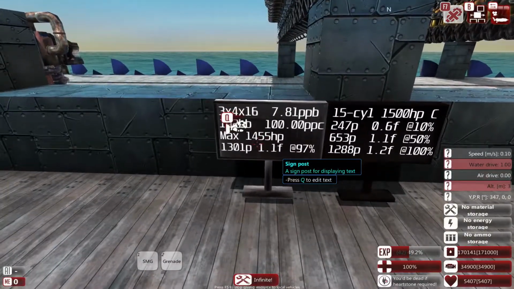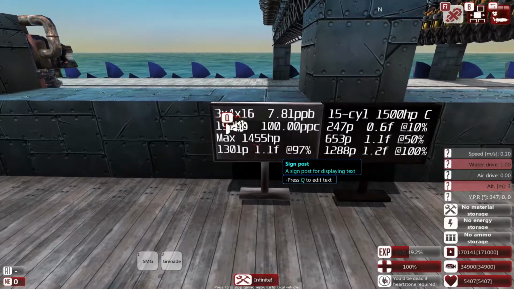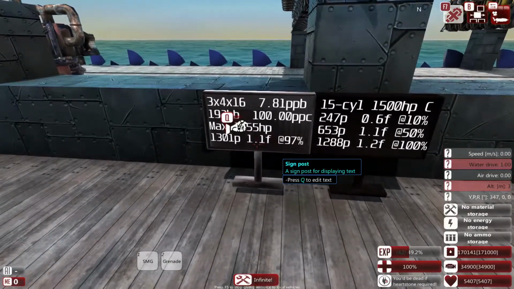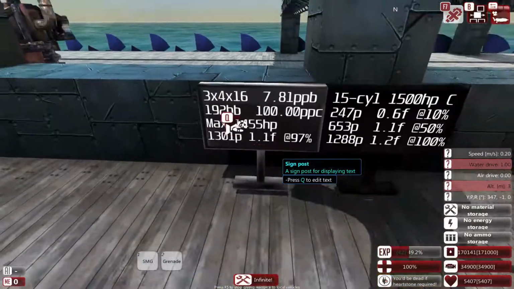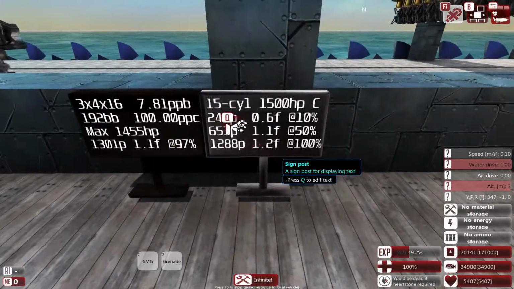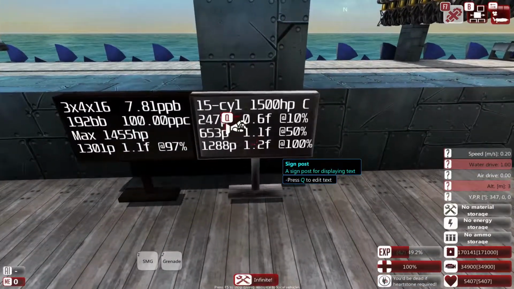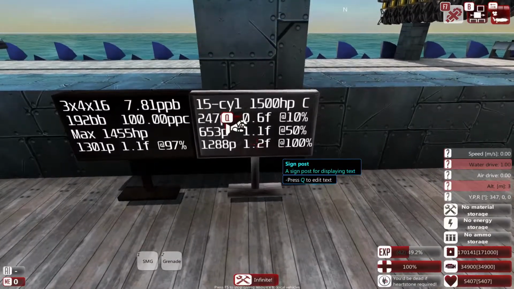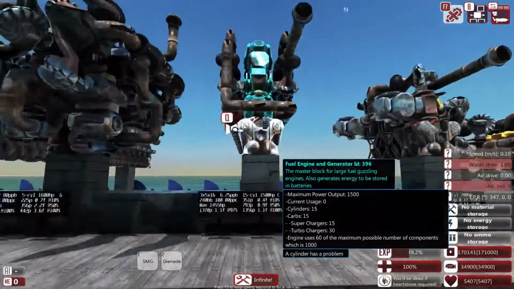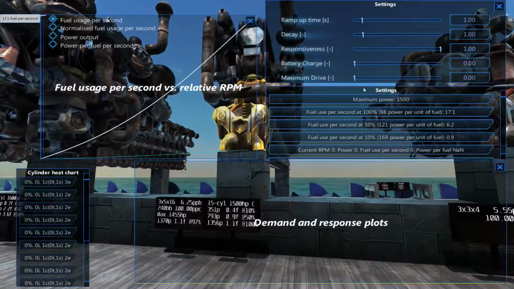But running a motor from maximum efficiency all the way up to where it starts to fall off and use more actual fuel. So this particular motor is a real good example because it only does it at the last 99%.